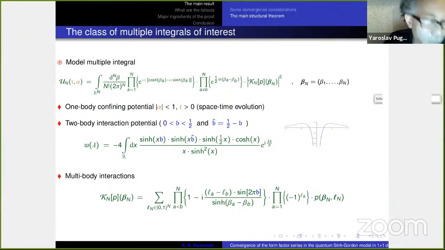I also naively want to ask Karol, could you please formulate for us very simply the result of your talk, of your works for Sinh-Gordon, for any parameter B? 2-point correlators expanded in form factors are well defined.